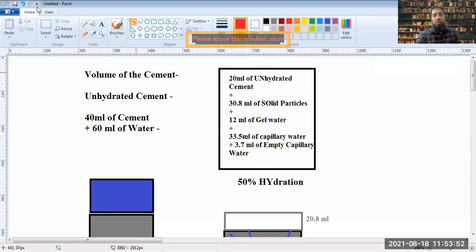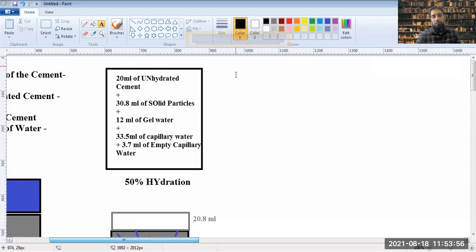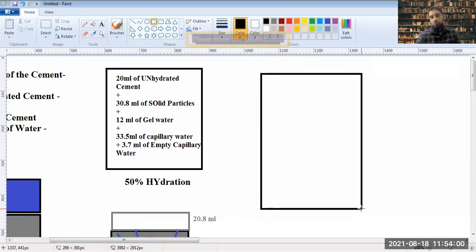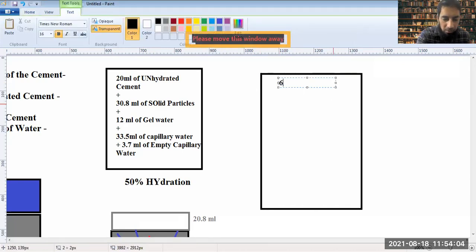Now, at 100% hydration, what happens is you would have around 61.6 ml of solid particles now.